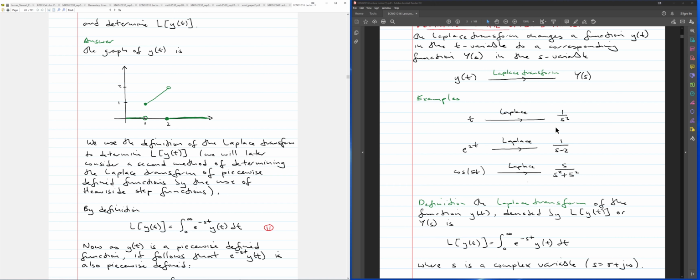So once you take the Laplace transform of a function of t, you end up with a fraction with a polynomial in s on top and a polynomial in s below. In this case the polynomial on top is really just a constant, and below it is s squared.